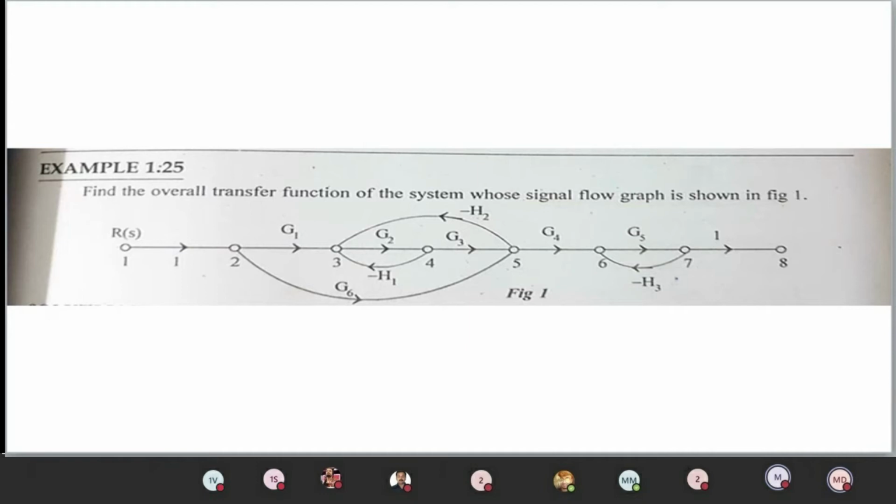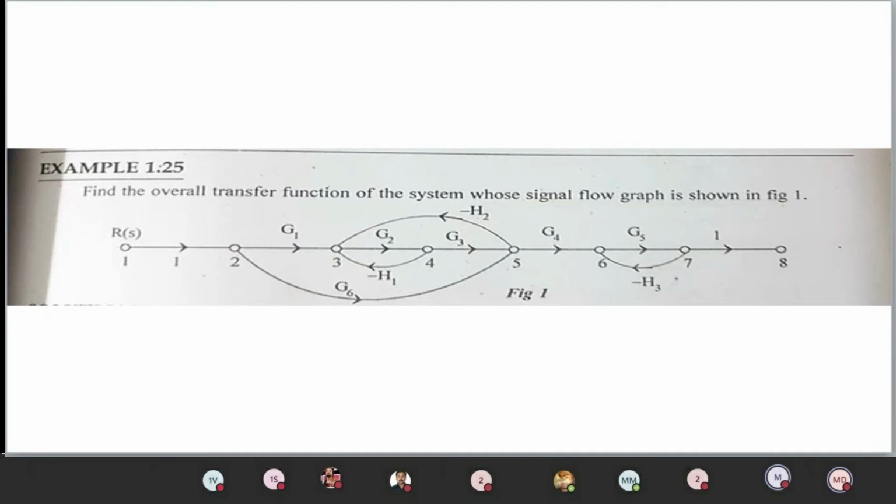Now let us check whether you have individual loops. 3 to 4, 4 to 3, loop 1. 3 to 4, 4 to 5, 5 to 3, loop 2. 6 to 7, 7 to 6, loop 3.